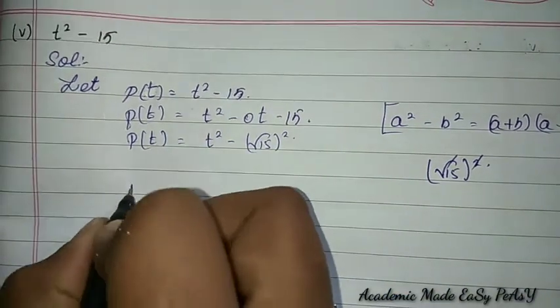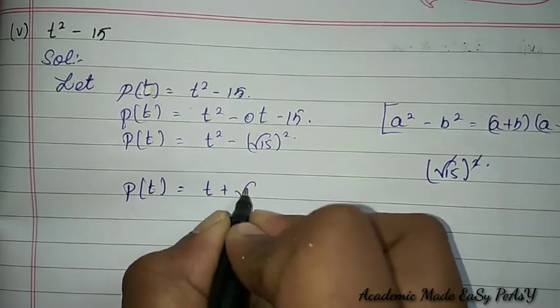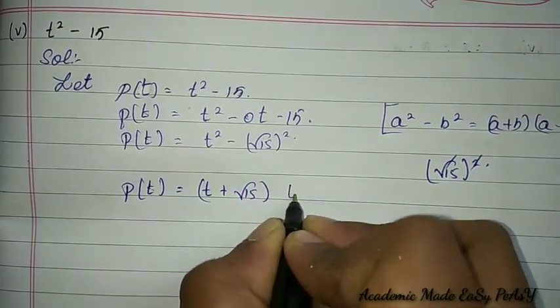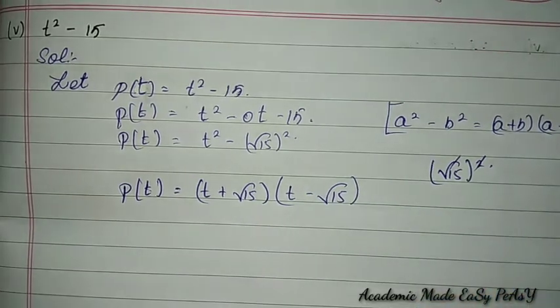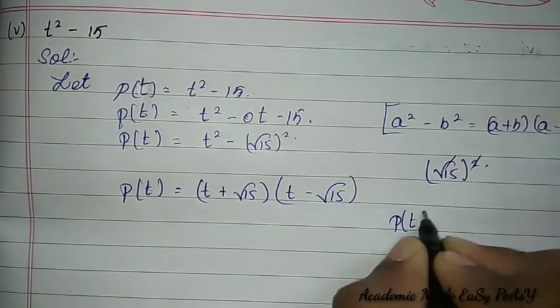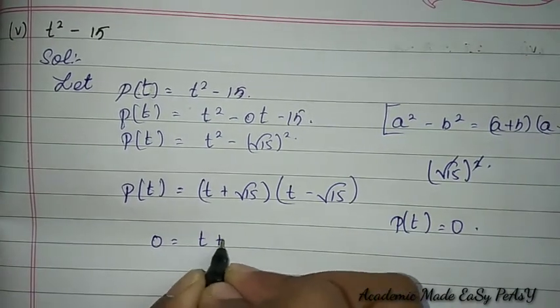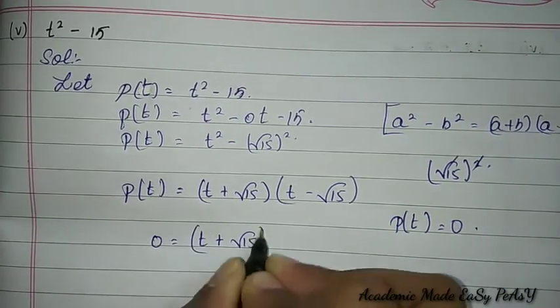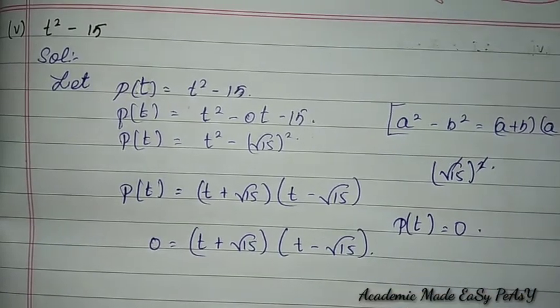Now what we will do is that p of t is equal to t plus root 15 into t minus root 15. Okay, so now we will take p of t is equal to 0. So 0 is equal to t plus root 15 into t minus root 15.